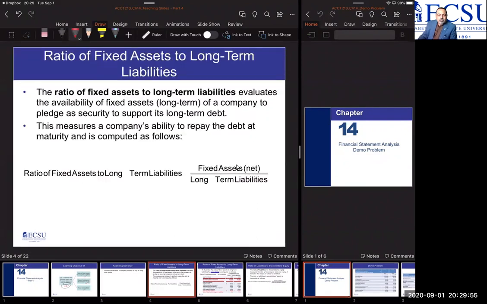Now, first ratio, as I said to you, is the ratio of fixed assets to long-term liabilities. Basically, we're trying to evaluate the availability of fixed assets in the long run for a company to place as a security in support of its long-term debt.